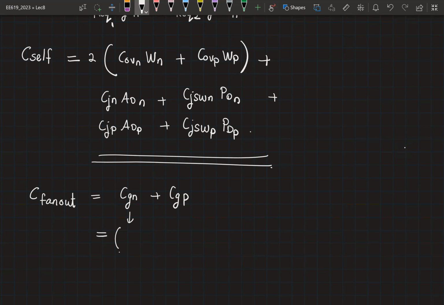What is the total gate capacitance? COX into WN into LN, plus 2 times the overlap capacitance into WN. What about CGP?